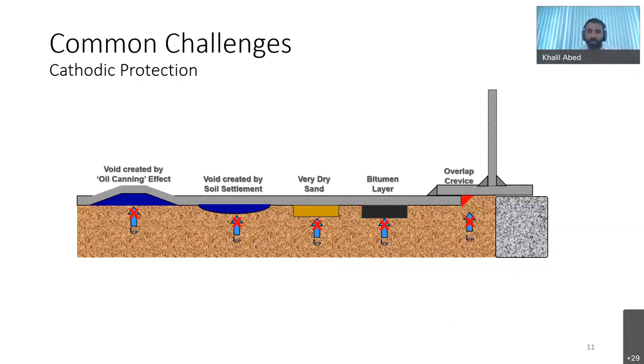We all know that there are always overlaps because of the weld joints. These are also areas where CP current cannot reach. At the interface between the ring wall and the annular plates, again, cathodic protection cannot reach. So these are areas where cathodic protection can fail to provide the required protection.